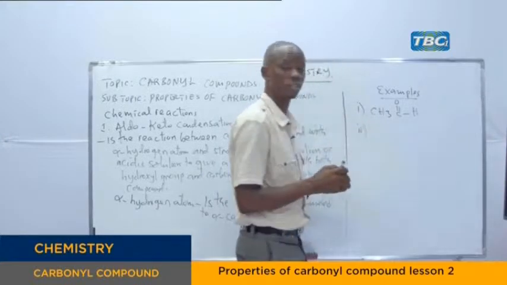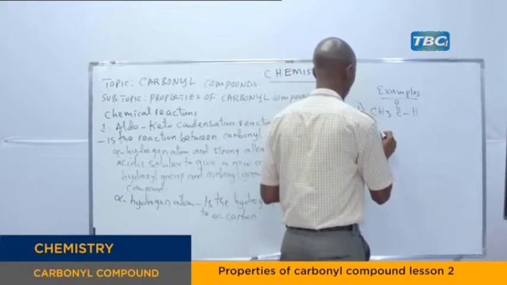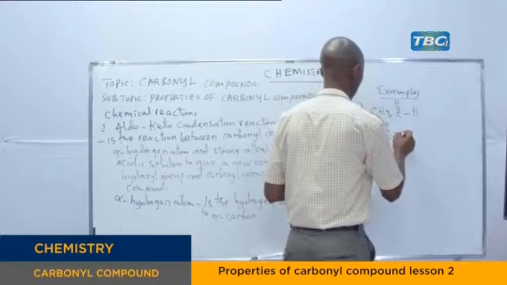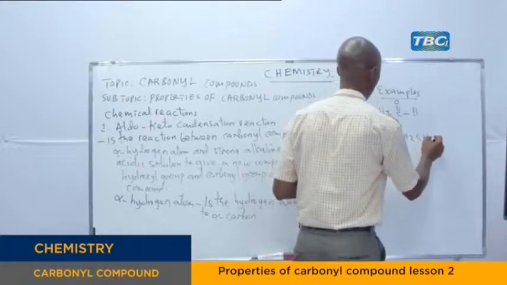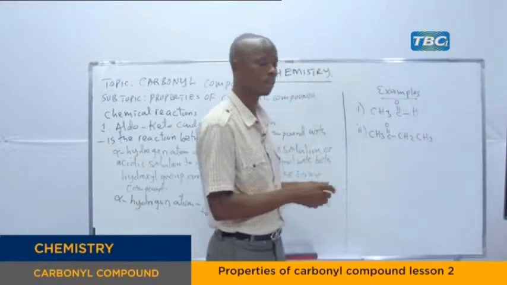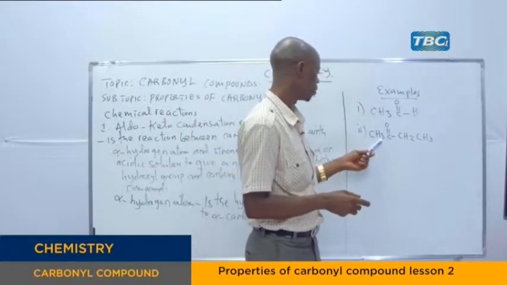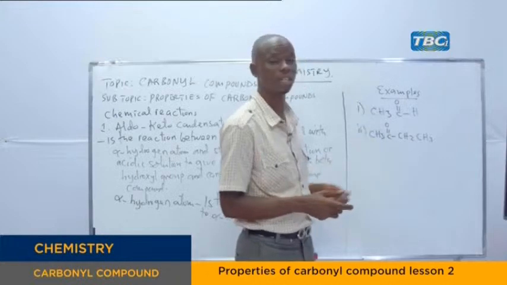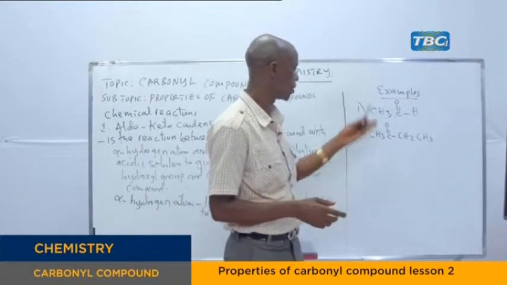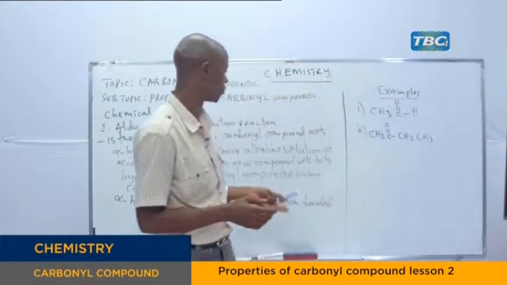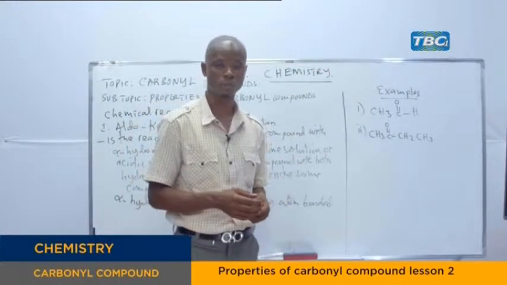Now for the case of ketone, we have this one. So this carbon atom which is bonded to this one, these are hydrogen atoms that you can see. So these are the examples of the compounds with alpha hydrogen atoms.